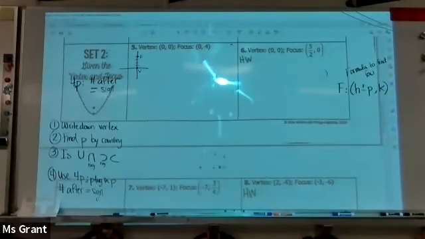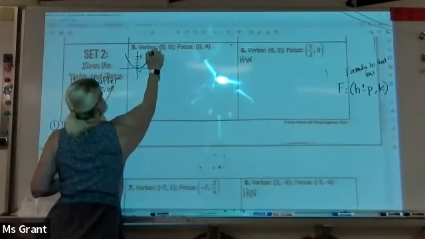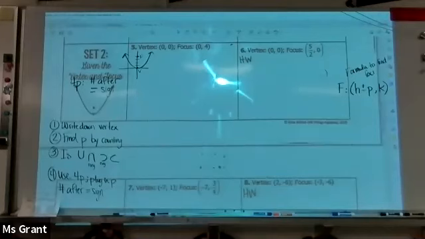The focus is always inside the curve. And since the focus is inside the curve, I know that it's going to look like this. I don't care about my directrix right now.